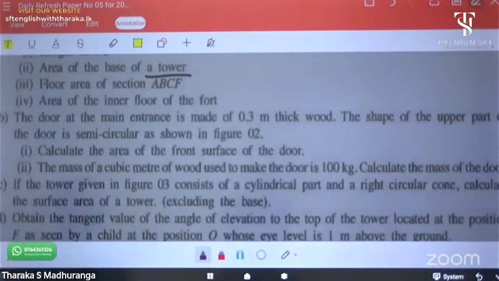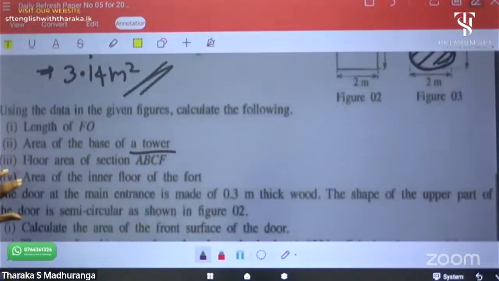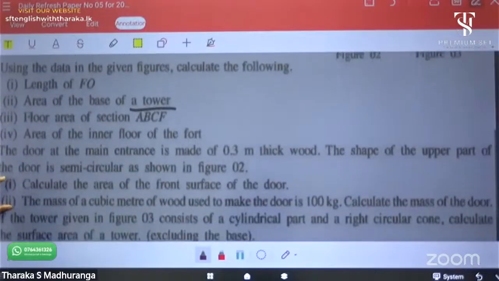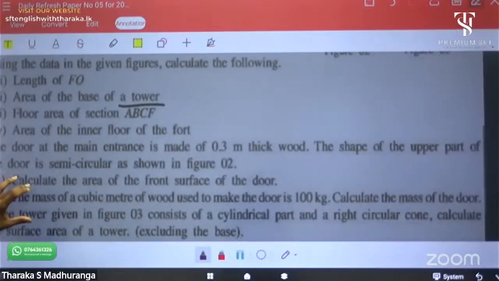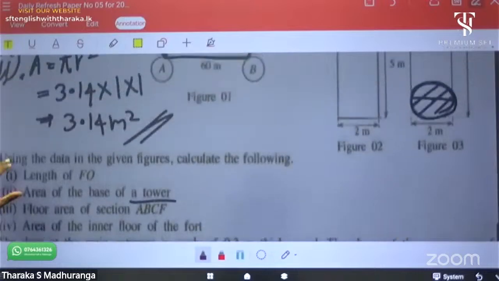Okay, next one, the part B. The door at the main entrance is made of 0.3 meter thick wood. The shape of the upper part of the door is semicircular as shown in figure 2.